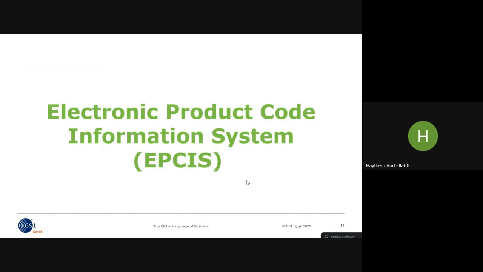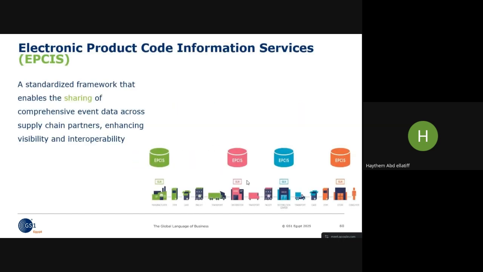In the supply chain, there is EPCIS, one of the GS1 and ISO standards that enables supply chain partners to share event data. It supports visibility and interoperability, but it's not a ready-made solution by itself.